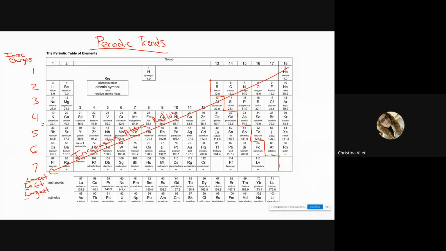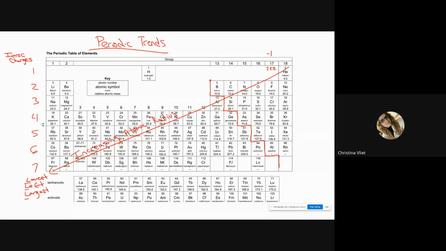How would we figure this out? Everything in group 17 has how many valence electrons? 7, right? How many valence electrons does everything in group 17 want to have? 8. So how many electrons need to be gained? What's the charge of every ion in group 17? -1.